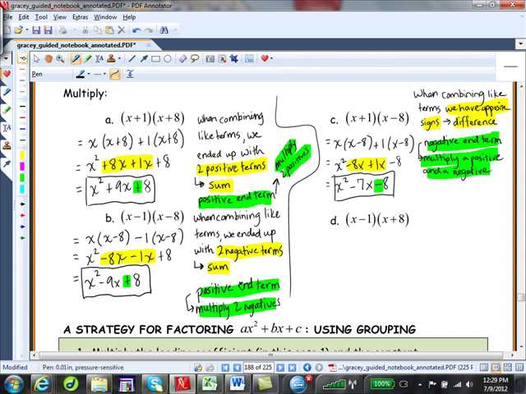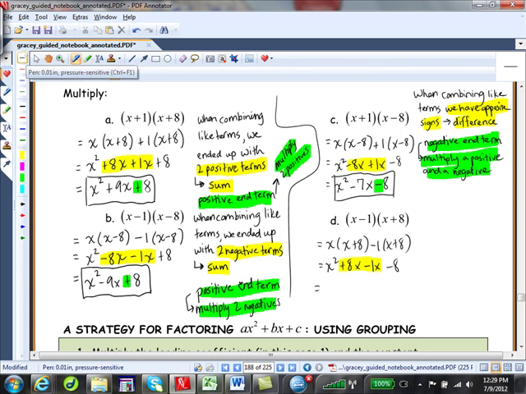Okay, and let's look at the last situation. This is x times x plus 8 minus 1 times x plus 8, which gives us x squared plus 8x's minus 1x minus 8. And if you notice, our like terms, again we have a positive and a negative.